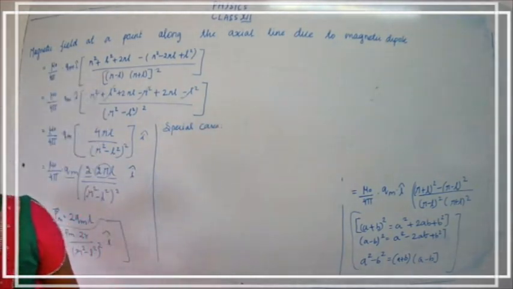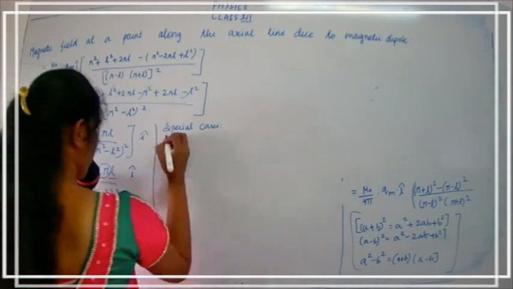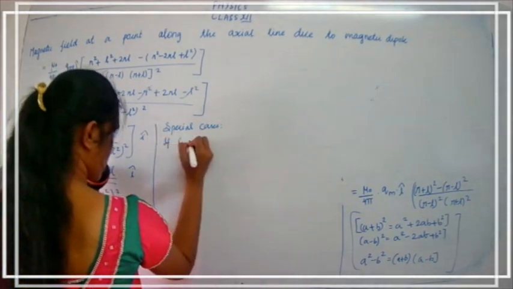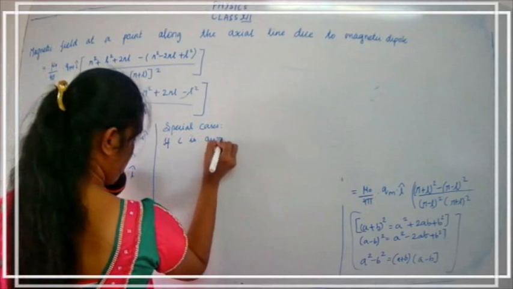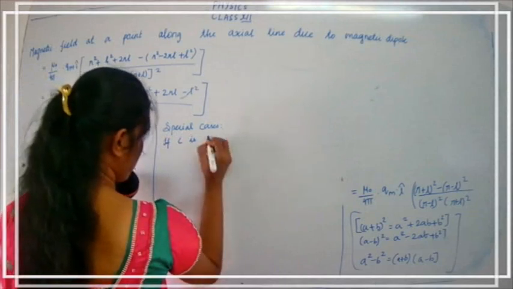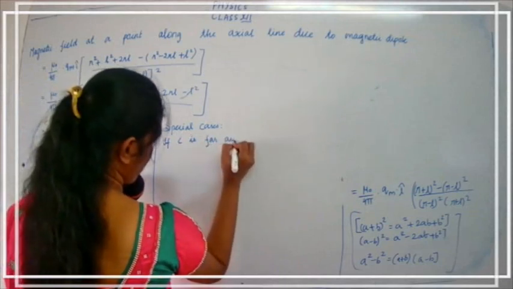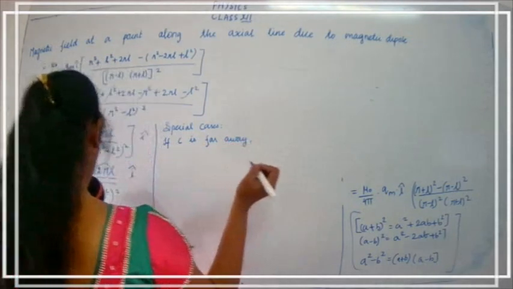In the special cases, if the point C is far away, what happens then?